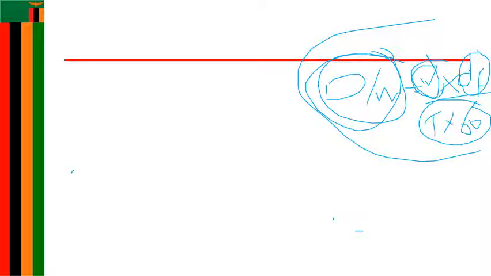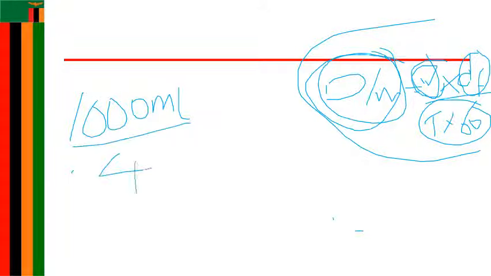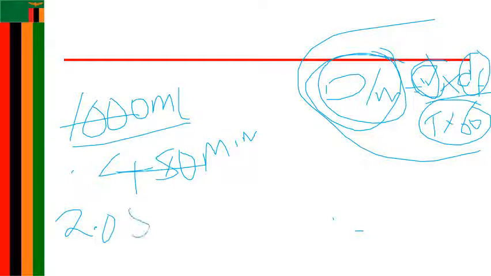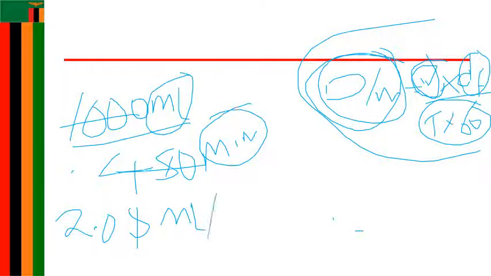Then we divided 1000 mls by 480 minutes, and we had 2.08 ml per minute.